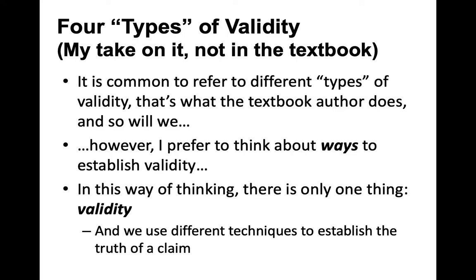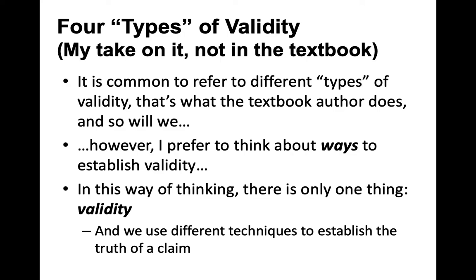Just personally, I prefer to think about ways to establish validity versus types. So in this way of thinking, there's only one thing, validity, and we use different techniques to establish the truth of a particular claim. So that's just one of my things. But because the textbook author does it, we'll do it.